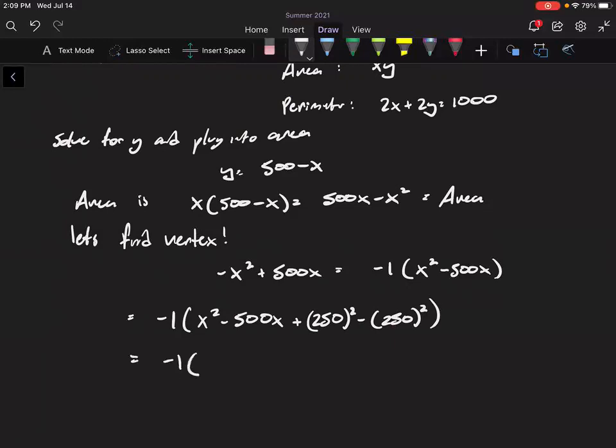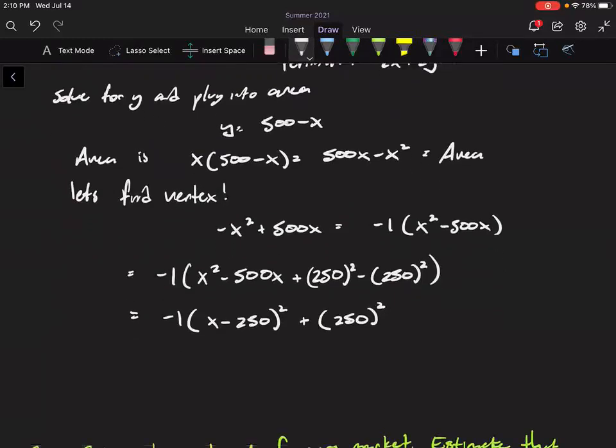And now we can reduce this to just x minus 250 squared plus 250 squared. So our vertex is 250, 250 squared.